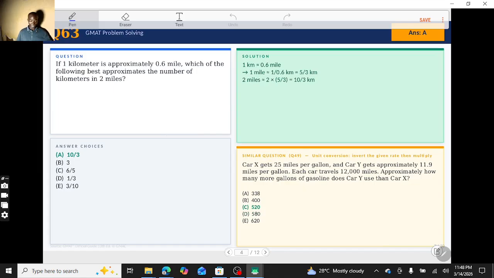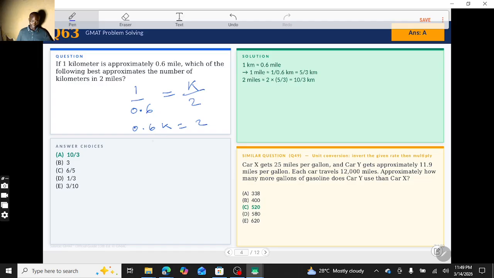If 1 kilometer is approximately 0.6 miles, so it's already solved here. But remember, this is the proportion. You can set up this as 1 kilometer is 0.6 equals, we are looking for kilometers, so let's put it as k over 2 miles. Remember too that 0.6, let's just cross multiply. 0.6k equals 2.